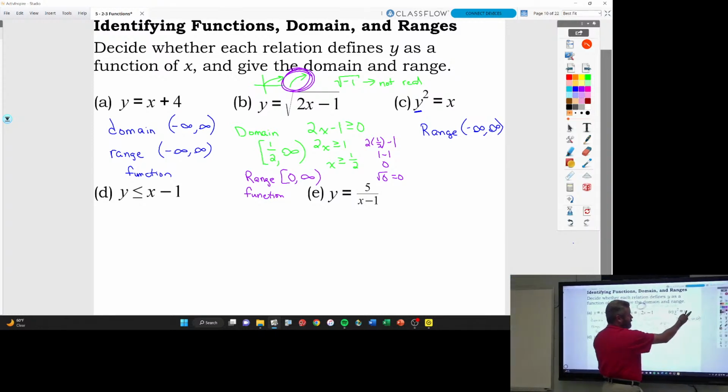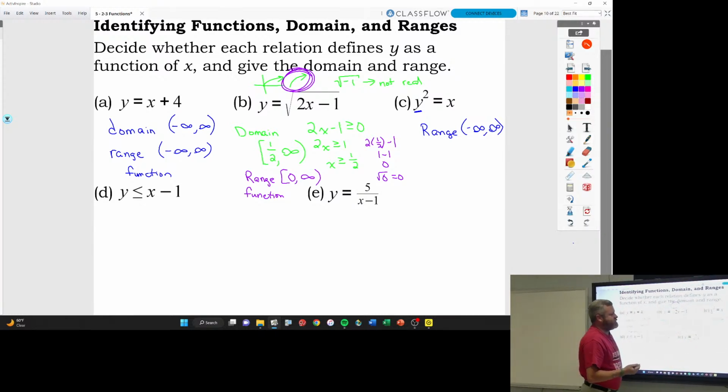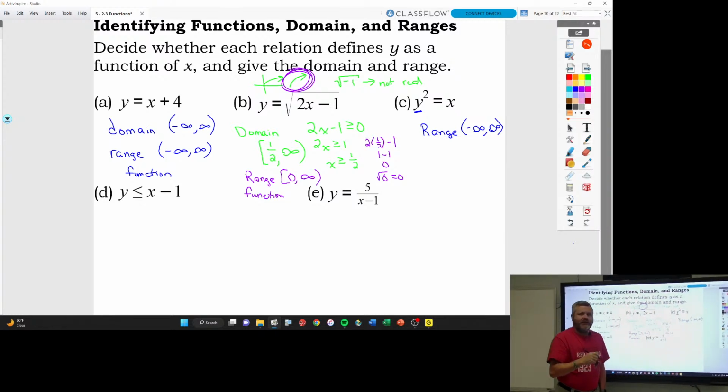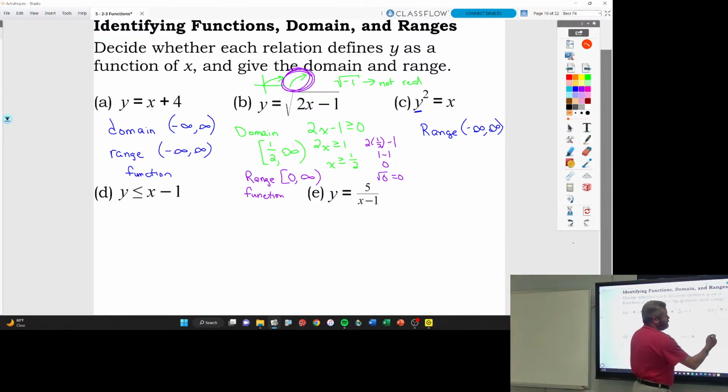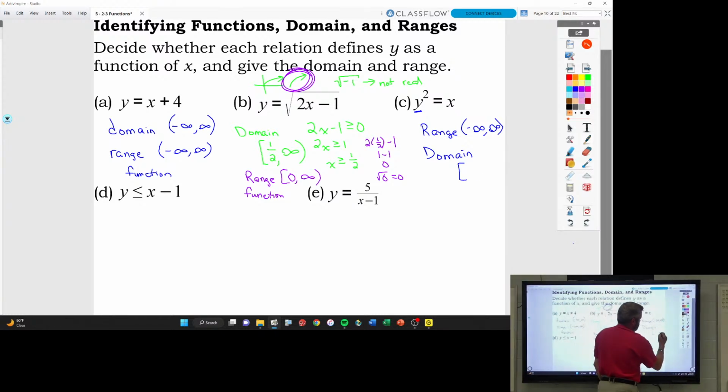You square 1, you get 1. You square negative 1, you also get 1. So the very smallest possible value of x is going to be 0, and then it goes up from there. So the domain goes from 0 to infinity.